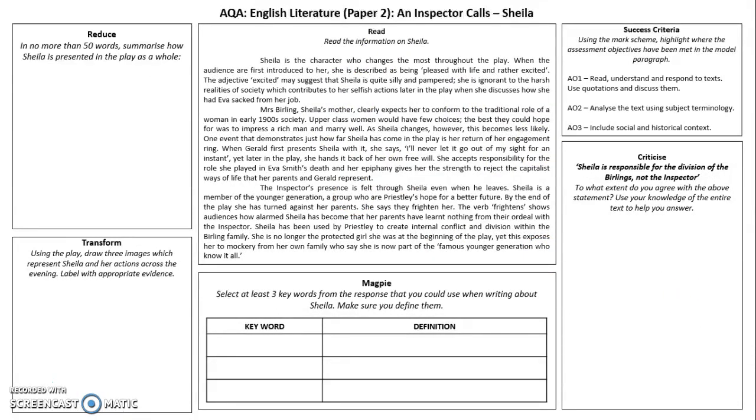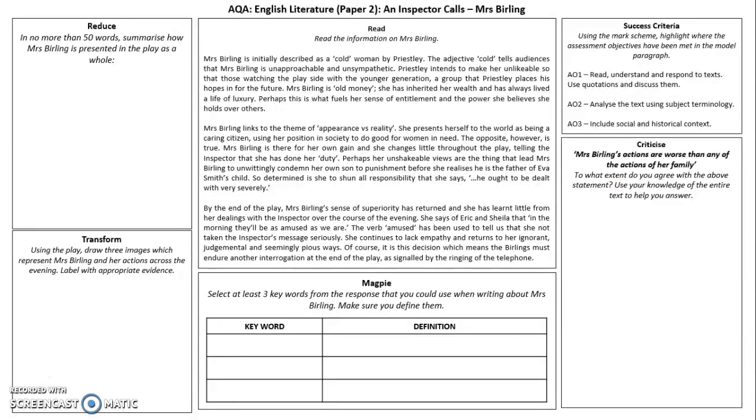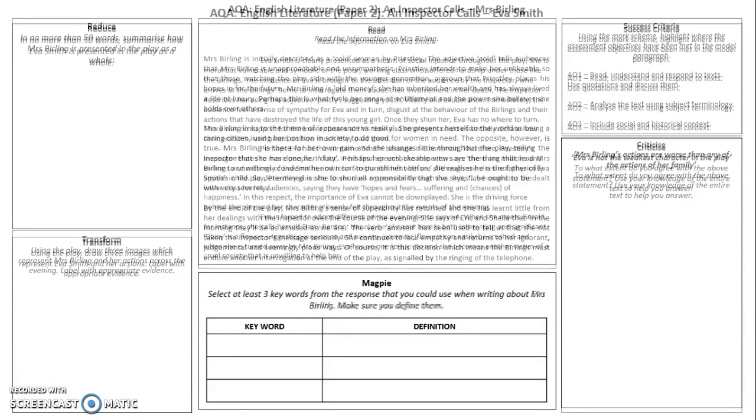The same goes for Sheila's character as well, so summarising her character and drawing 3 images to represent Sheila. It doesn't have to be an actual face or anything. It could be a ring, for example, or female power or something like that. Whatever you think is appropriate for her character. There's also one for Mrs Birling as well, so you can do exactly the same task.